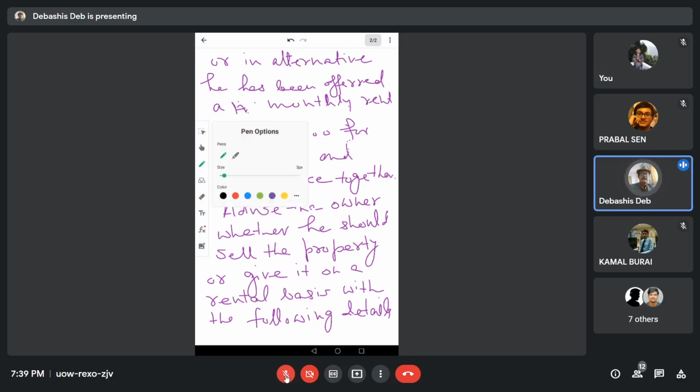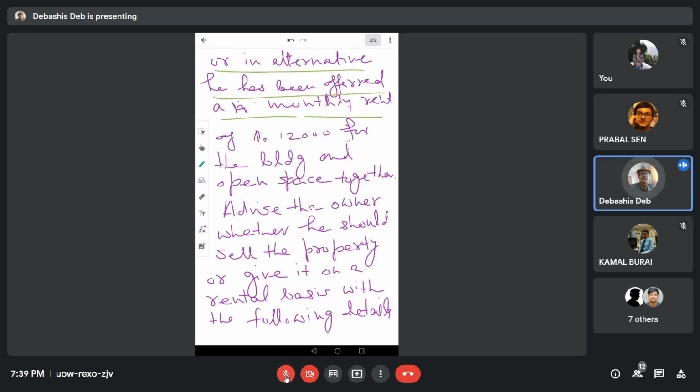So let me repeat this page again. Or in the alternative, he has been offered a monthly rent of rupees 12,000 for the building and the open space together. Now the owner is in dilemma.